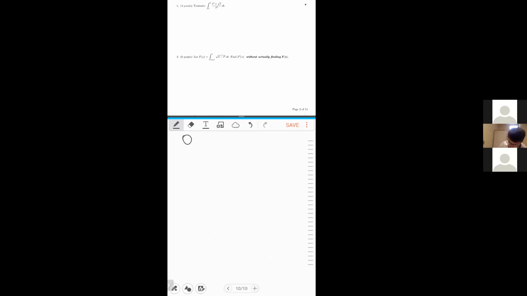Question 3. Consider the function capital F of x equals the integral from cosine of x to 1 of 5 minus t squared dt. What is the derivative of that?